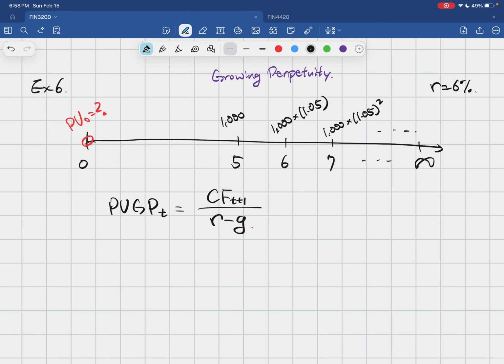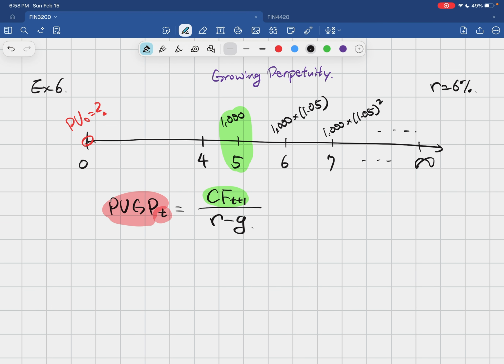So, as with all the other annuity and perpetuity formulas, we always check when the first cash flow of the pattern occurs. In this case, the first cash flow occurs in year 5. Okay? And this T and T plus 1 pattern shows you that if the first cash flow occurs in year 5, the value that we get using this formula will be expressed in time 4 dollars.